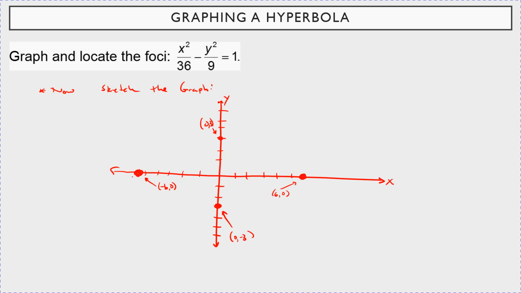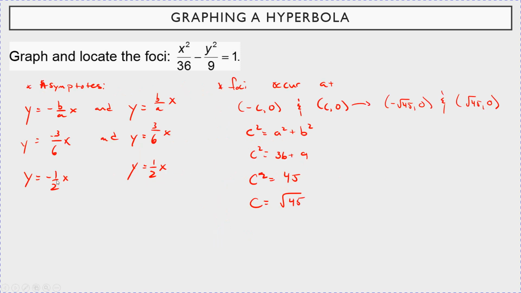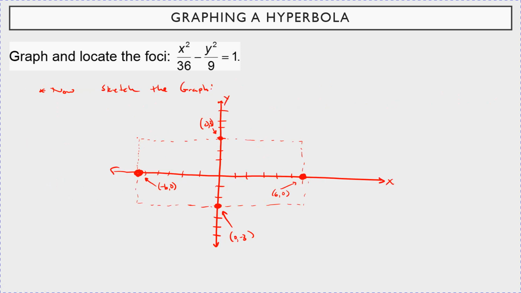So what you do here is you draw this rectangle that goes through these points like this. Now, the asymptotes: y is equal to negative 1/2 x is this line here.